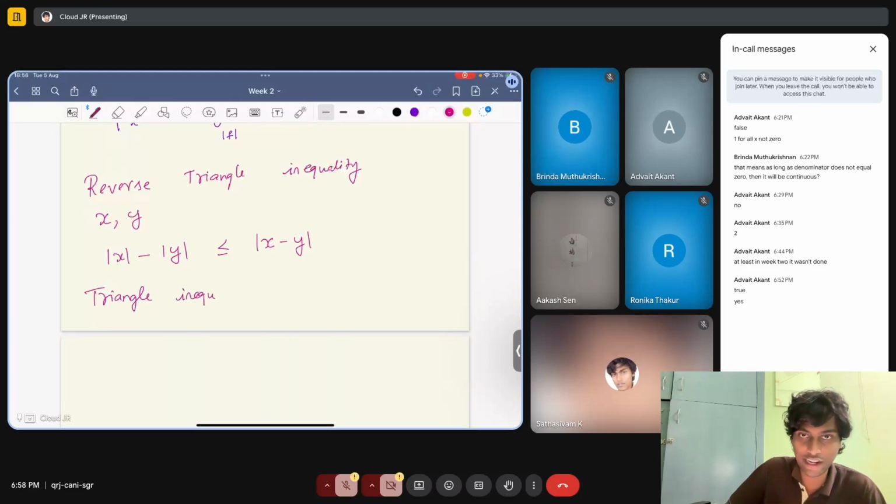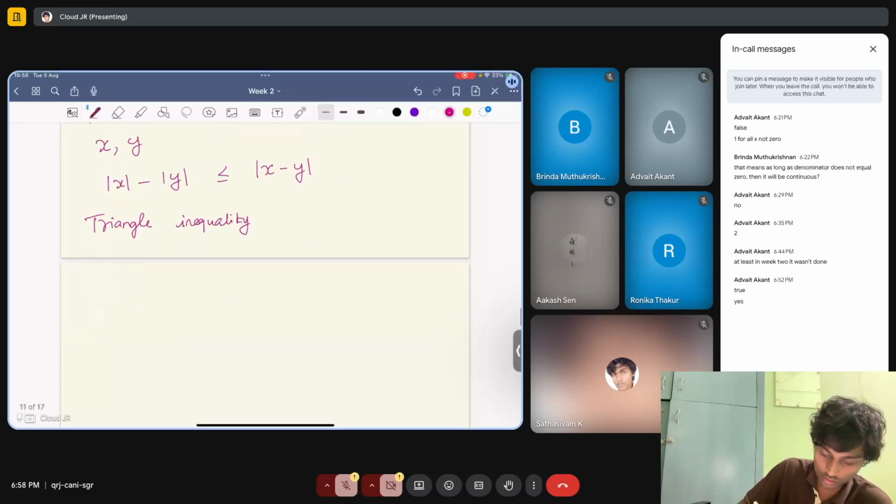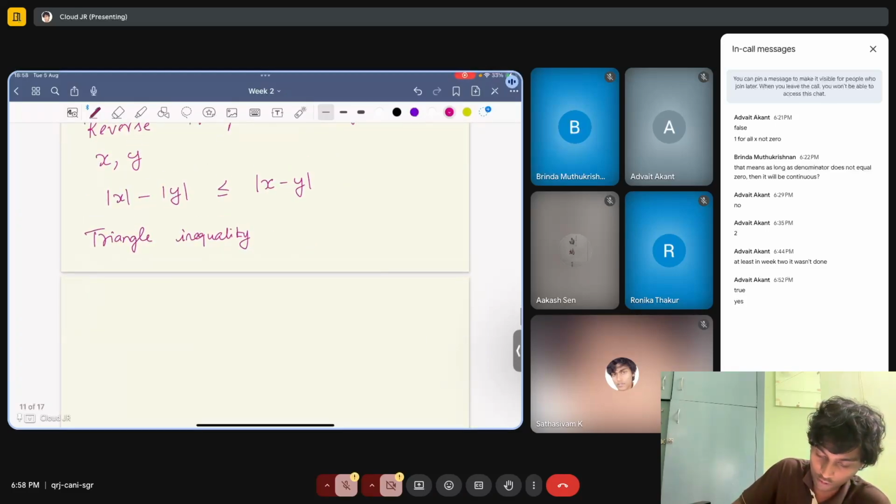Of course, if you have done real analysis, at least the triangle inequality you would have seen, because it comes in metric spaces. But for the calculus course, this is a really new thing. So the triangle inequality says the following: modulus of x plus y is less than or equal to modulus of x plus modulus of y.